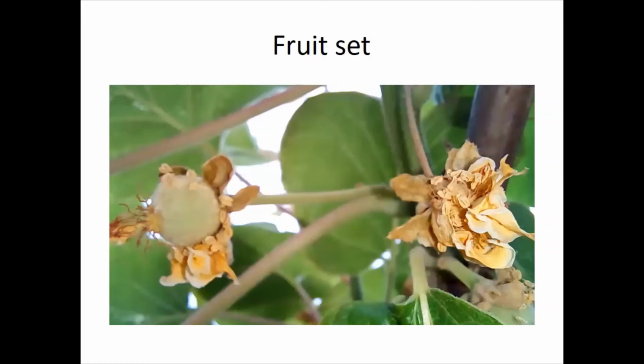Here we have a flower that has been successfully pollinated and a flower that has not been successfully pollinated. So sometimes it happens that you pollinate a flower, but it does not take the pollen for various reasons, maybe because of high temperatures, or maybe the pollen tubes didn't grow to reach what we call... what are those things?